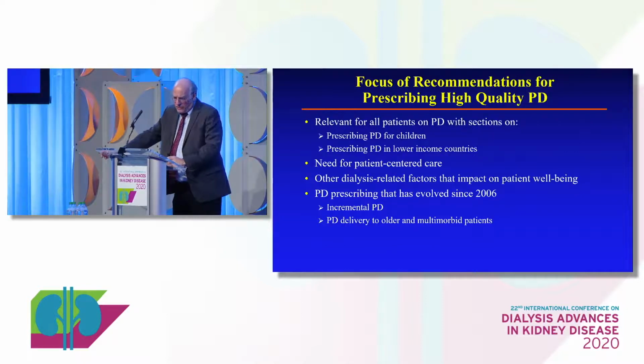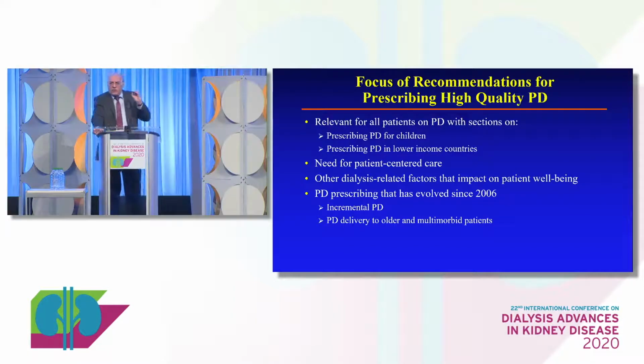And the focus of the recommendations from these new guidelines for prescribing high-quality PD is the need for patient-centered care. The important thing was that they wanted to be all-inclusive and talk about the frail patient and the patient with comorbidities.